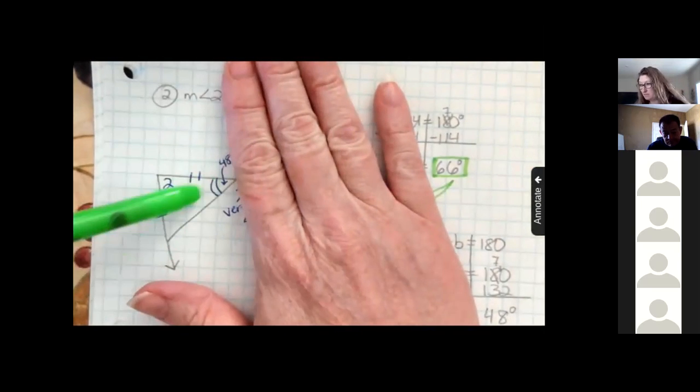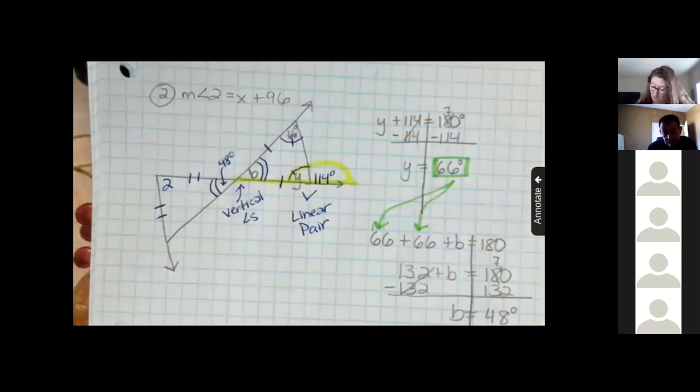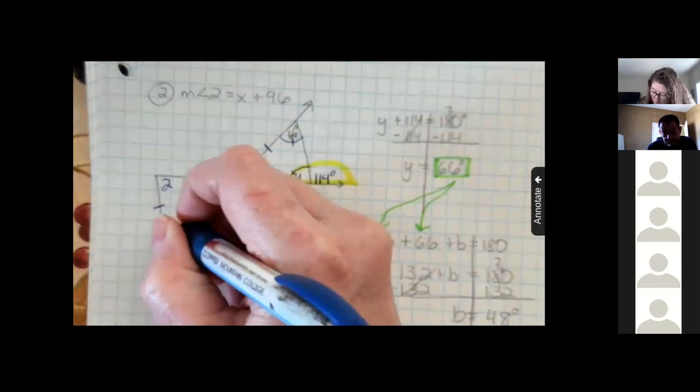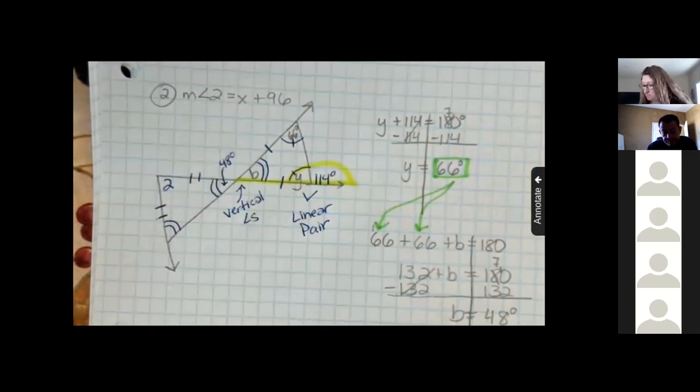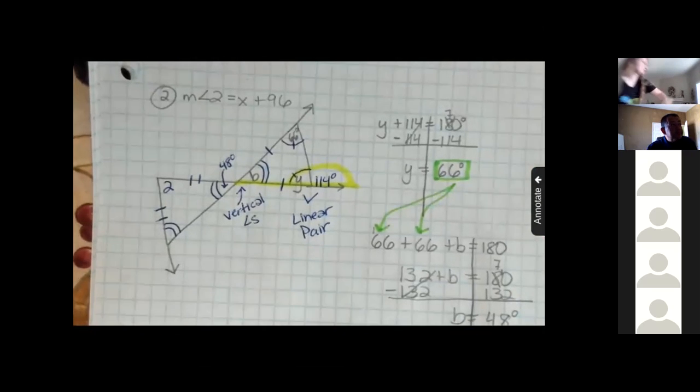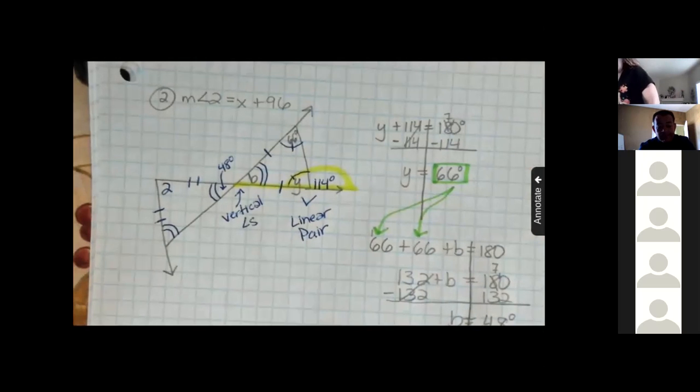This is an isosceles triangle. These are base angles. So guess what this angle is? I gotta go get a different color. Anybody? It's also 48. That's right.